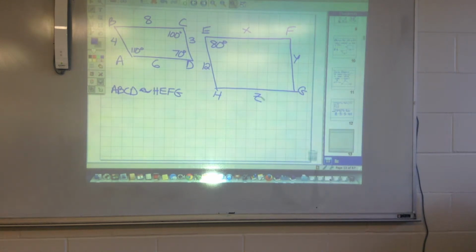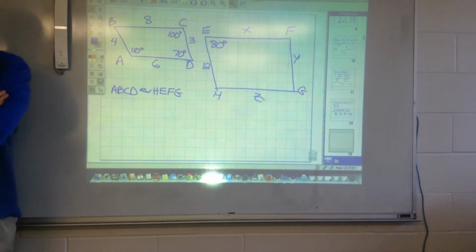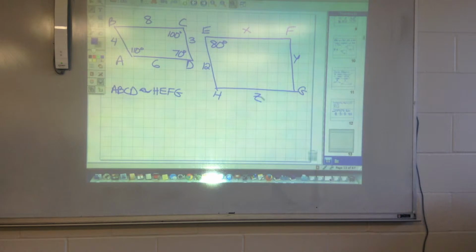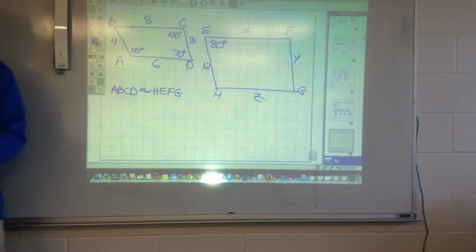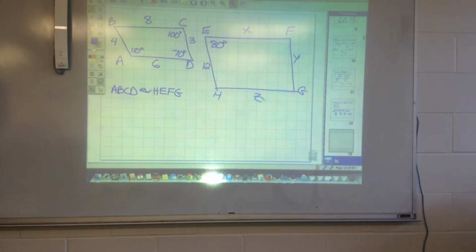So I wrote a whole bunch of things up there. There's a whole bunch of variables still up there. There's a whole bunch of missing parts still up there, but you could solve for every single one. Because I tell you these two figures are similar, what do you know about all their angles? They're the same, right? They're congruent.